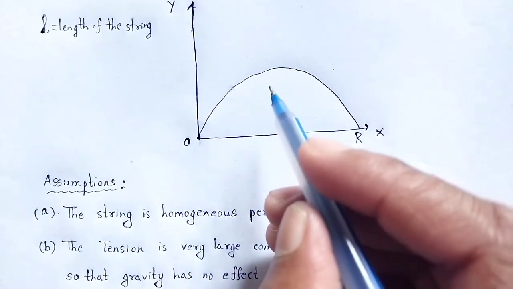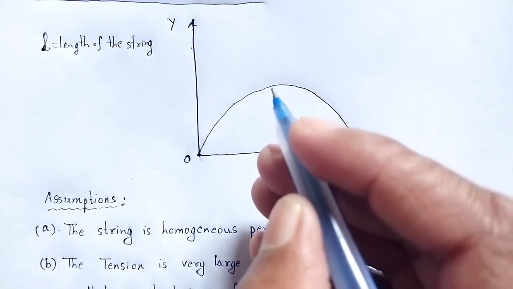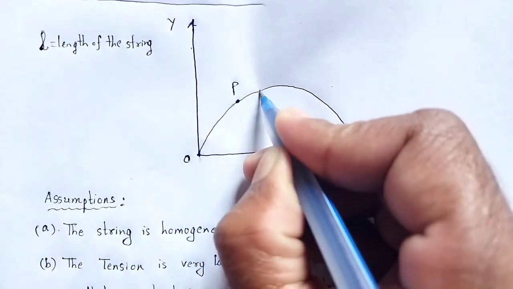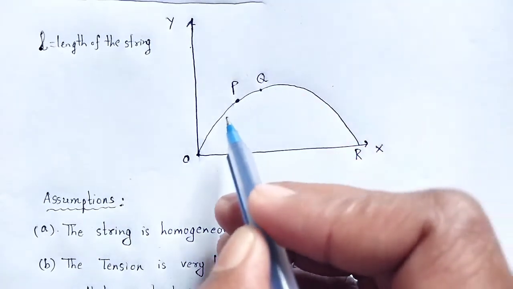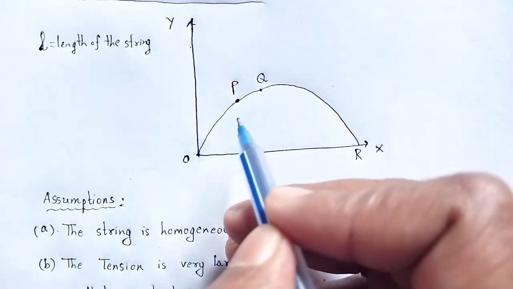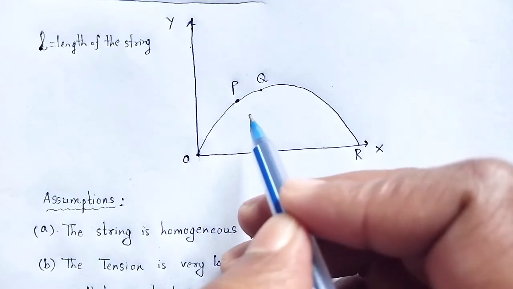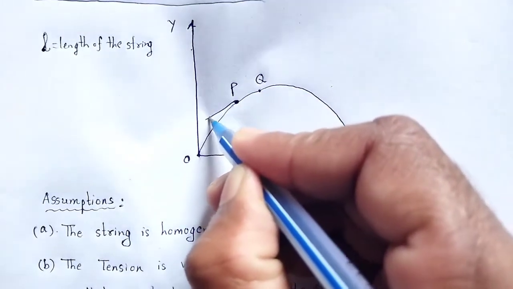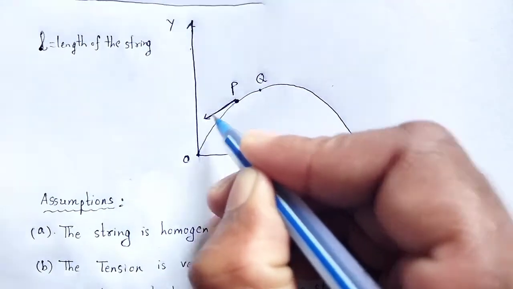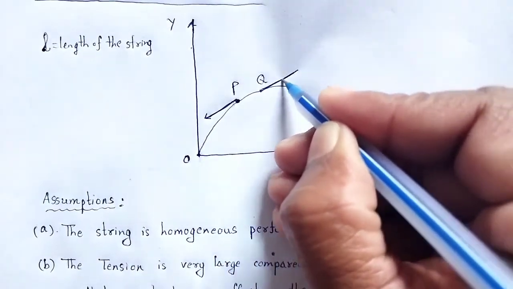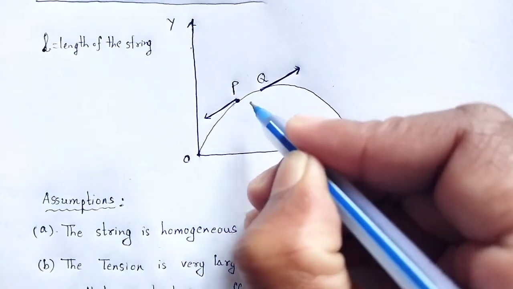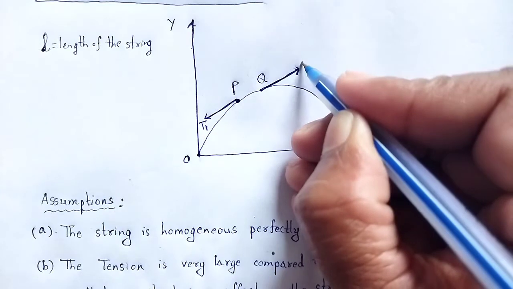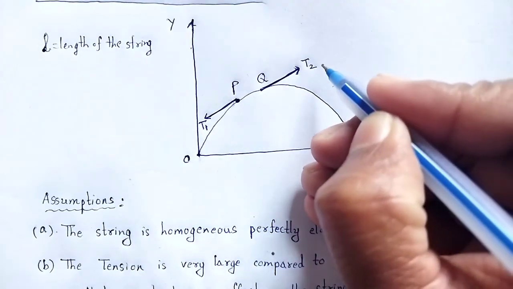Let us consider a small portion PQ of the string, so that the tension is tangential to the curve of the string at points P and Q. Here is tension T1, and there will be tension T2.